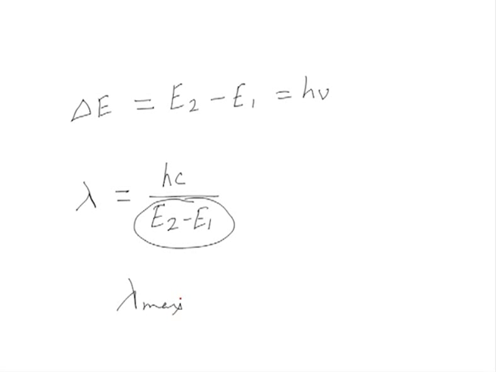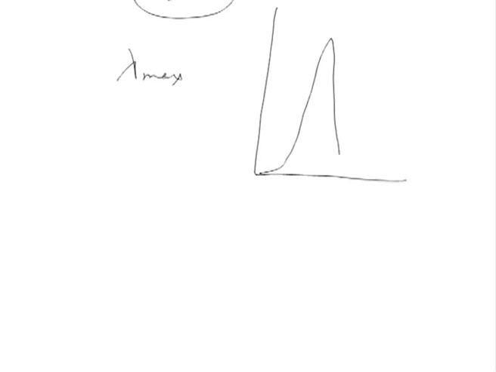Lambda max means the wavelength at which a particular material or molecule absorbs the maximum. In an absorption plot, there could be a minor absorption around here, but if a particular wavelength gives maximum absorption, then this wavelength will be called lambda max.